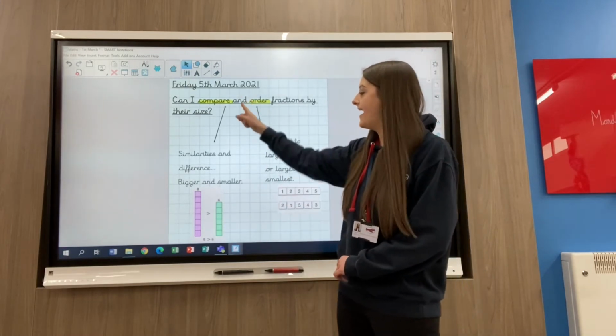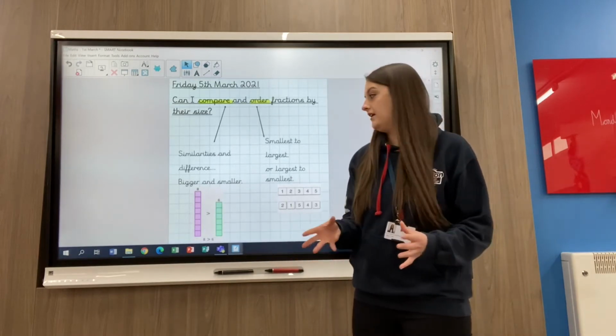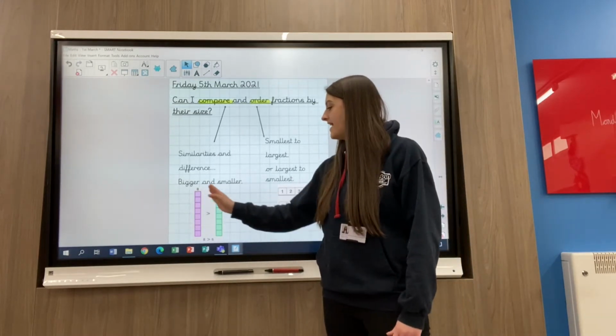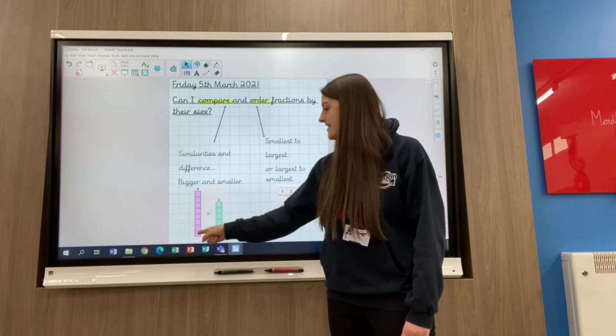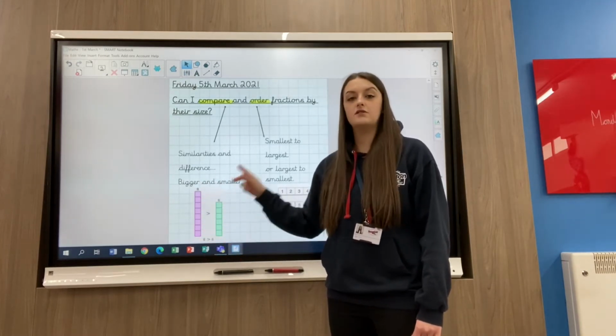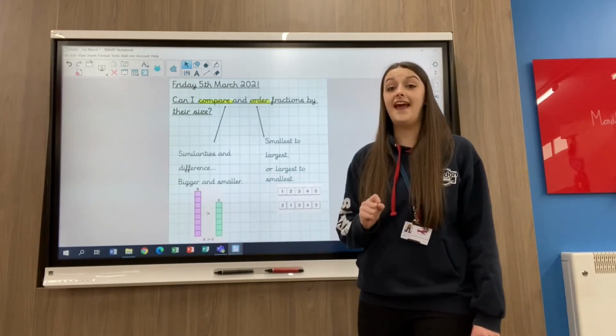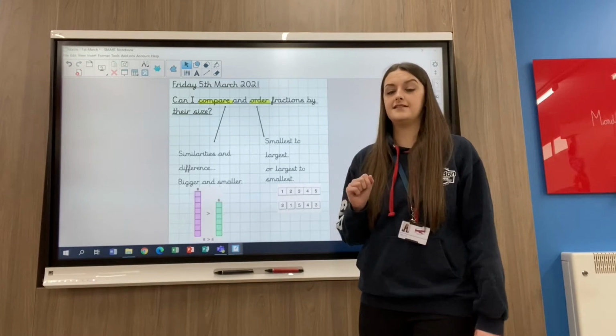Now when we compare something, we're looking at the similarities or differences in it. So if I was comparing the numbers 8 and 6, I know 8 is bigger than 6, and we can see that there with my towers of cubes, and I've used my greater than sign facing the 8 because it's bigger than the 6.